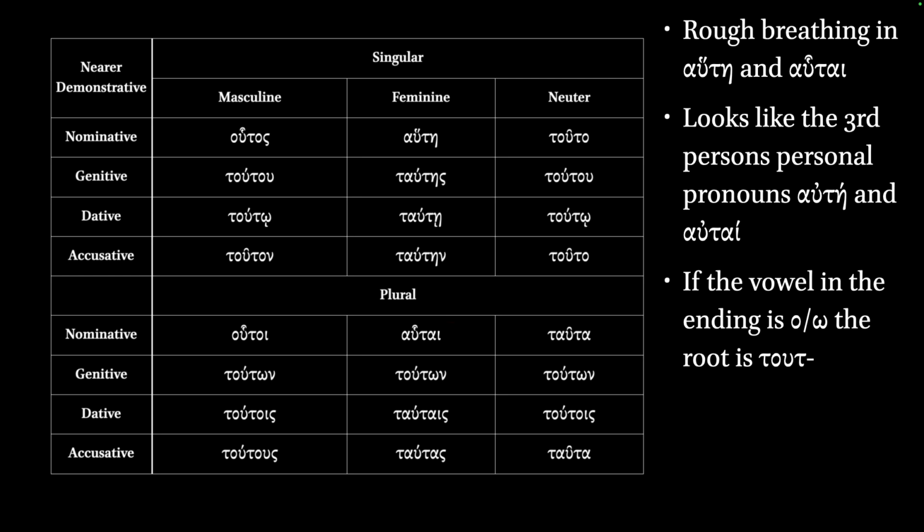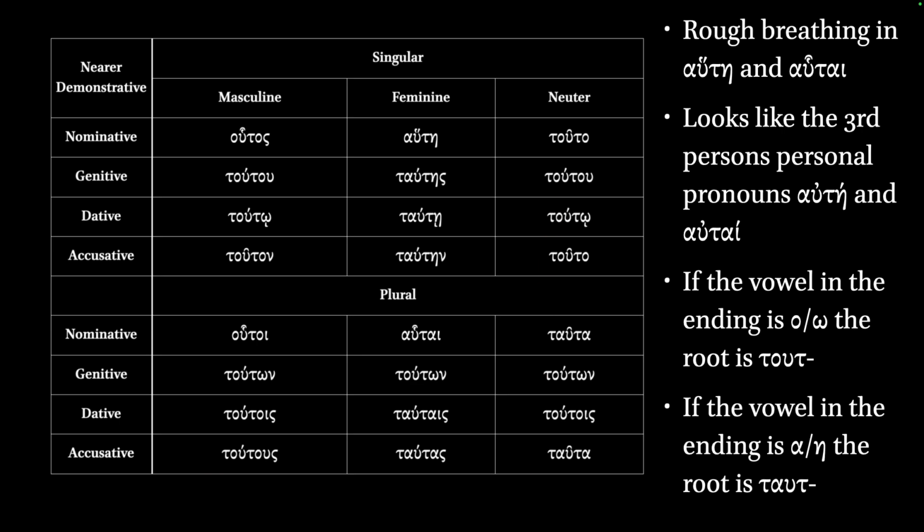Then if the vowel in the ending is an omicron or an omega, the root is going to be tout-. So notice that tout-, tout-, tout-, all throughout here. And then if the vowel in the ending is an alpha or an eta, the root is going to be taut-. So that is very often the case, or almost exclusively the case in the feminine here.